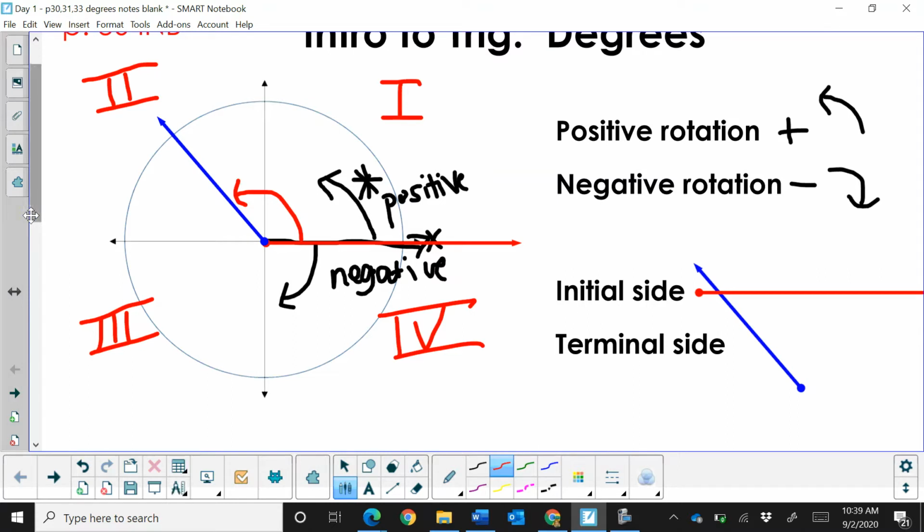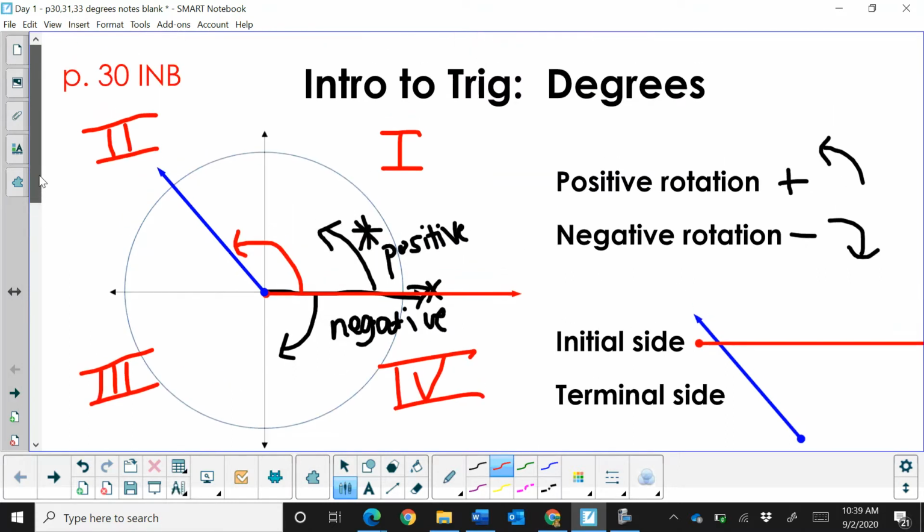Now, as far as rotation of angles, we know that if you rotate 90 degrees, let's do this one in purple, you're going to have a right angle. So the rotation up to the positive y-axis is 90 degrees.